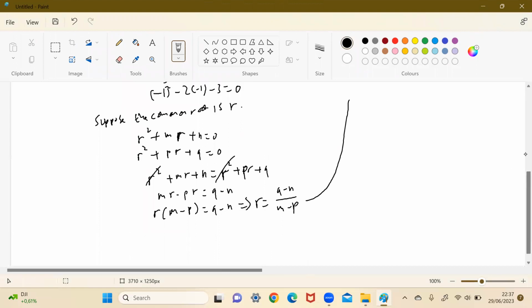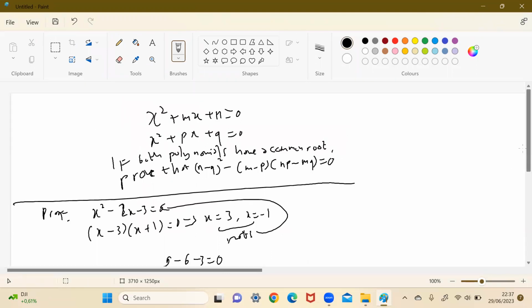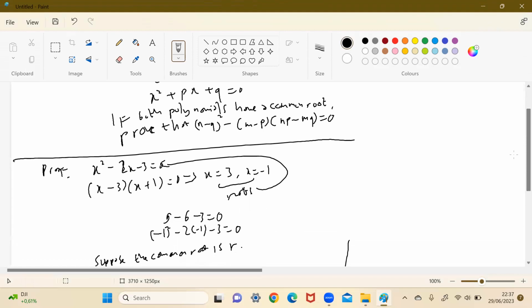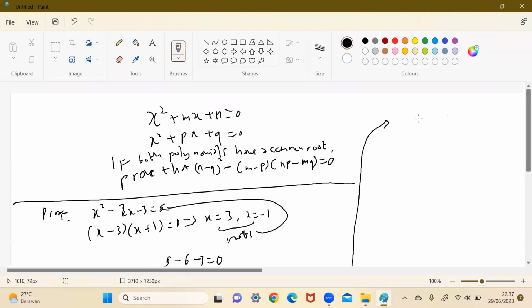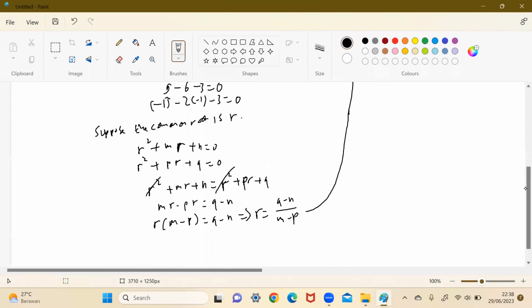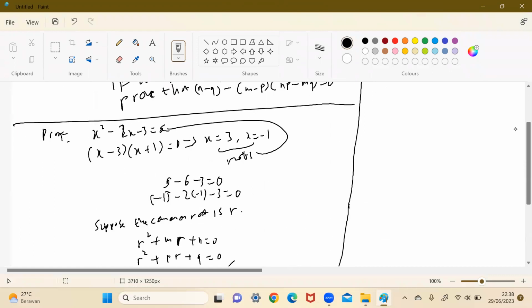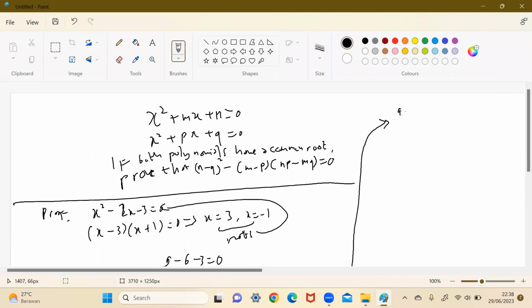The root is (q minus n) over (m minus p), which I'm going to denote as 2.